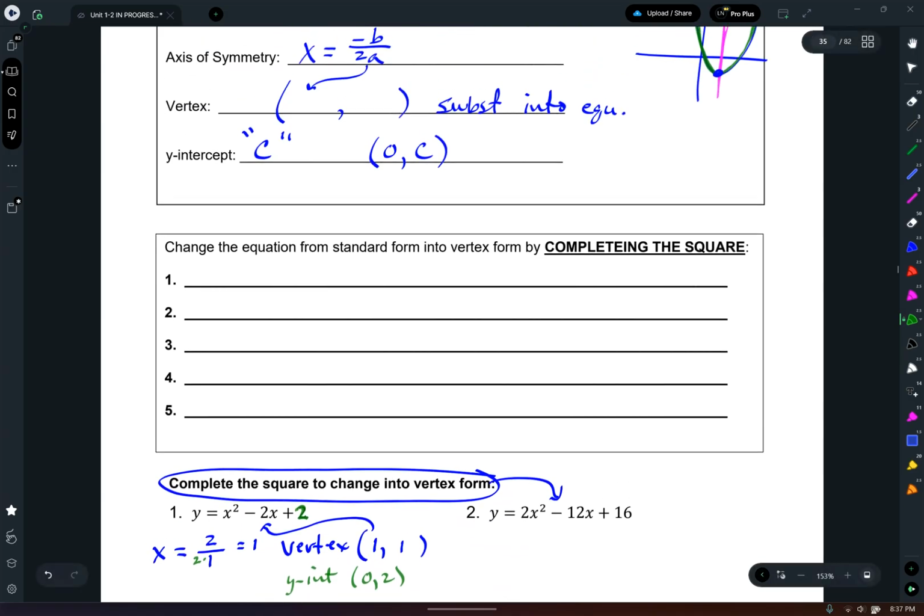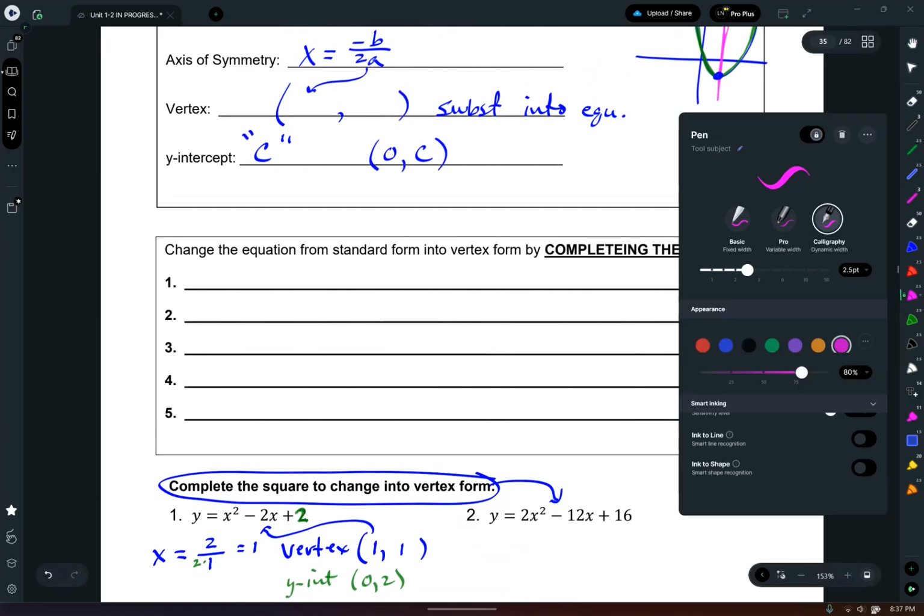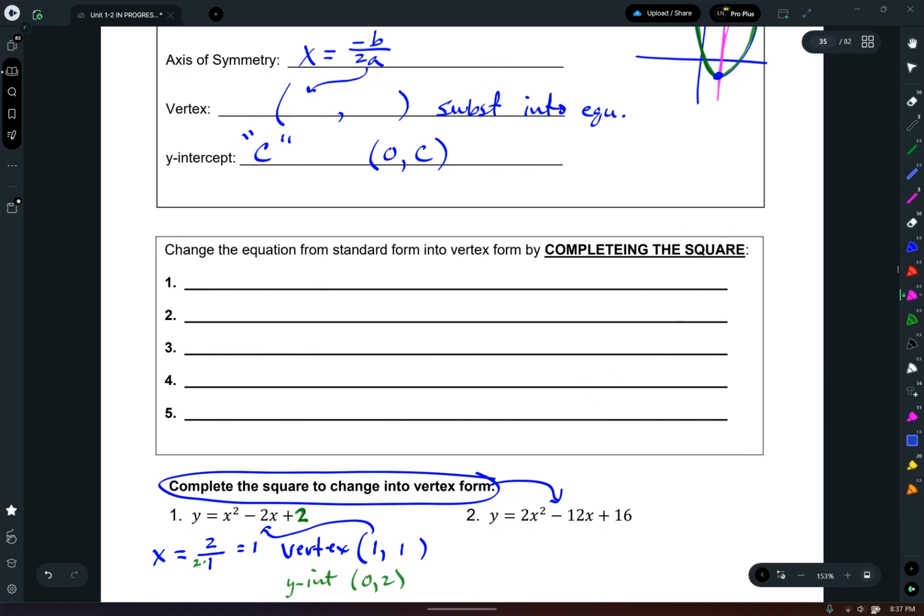In other words, I want to turn it into looking like, generically speaking, y equals some parenthesis squared. Now, there might be some number out in front, and there might be some number added or subtracted out here at the end, but that's what vertex form generally looks like.